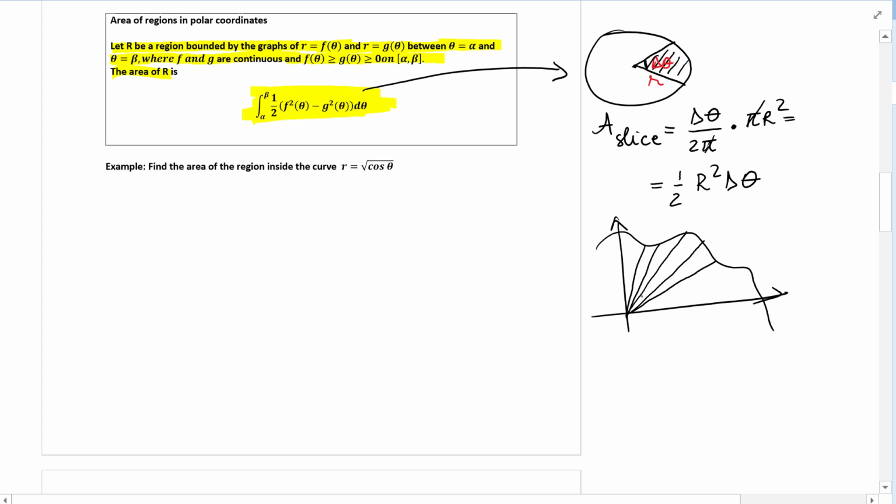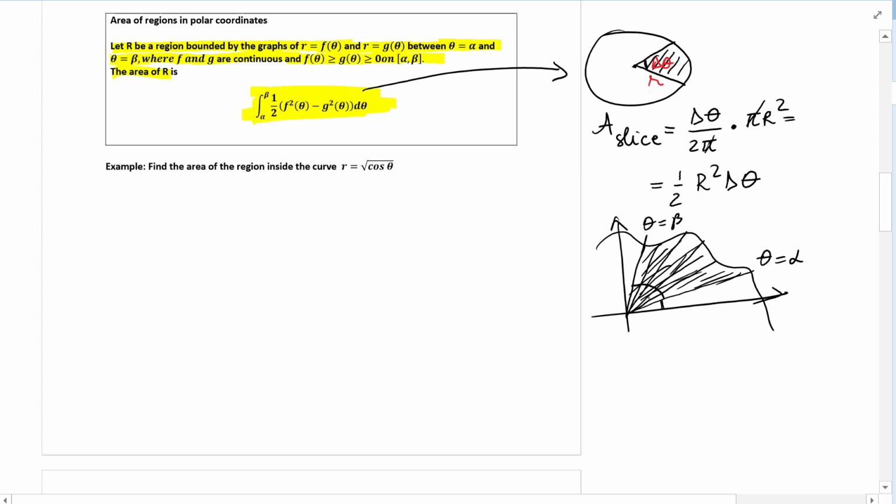So if we split it between an angle of beta and an angle of alpha, let's say this is theta equals alpha, and this one theta equals beta, and I want to find the area between these two.